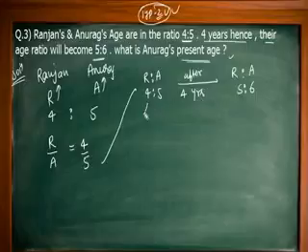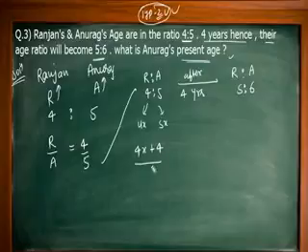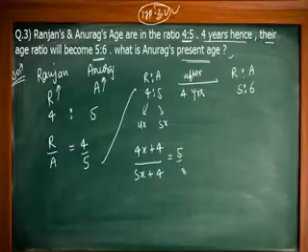So let's assume that they are 4x and 5x. After 4 year hence means 4x plus 4 and 5x plus 4, and it will be equal to the 5:6.